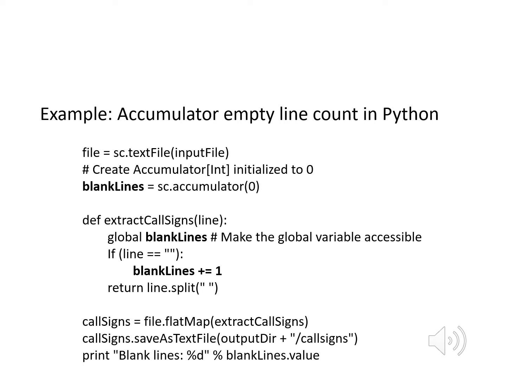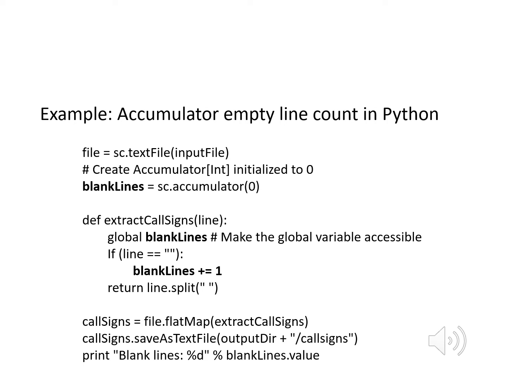In this function, extract call signs, we can see there is a global variable defined, the blank lines. The global variable in Python means that whenever there is an update, it's a global update. It's not only within this function itself. Then in this function, if the input line is a blank line, then this blank lines accumulator is incremented by 1.